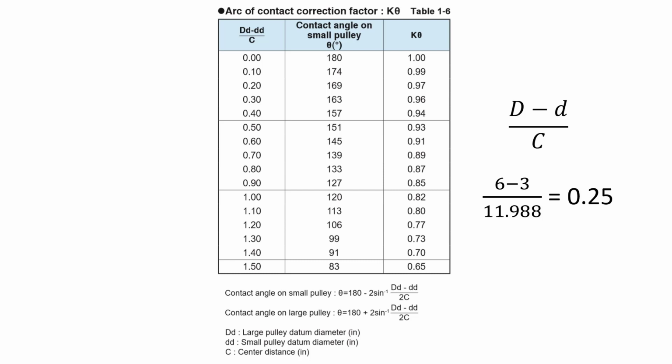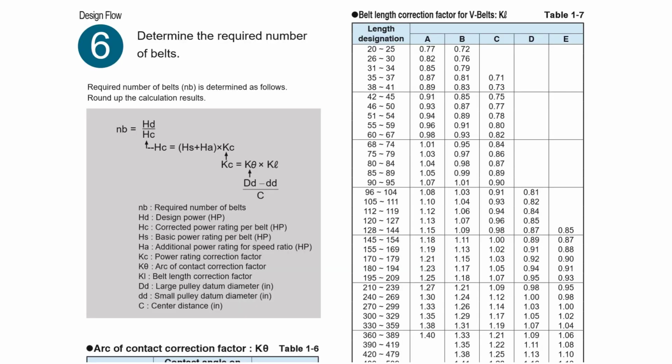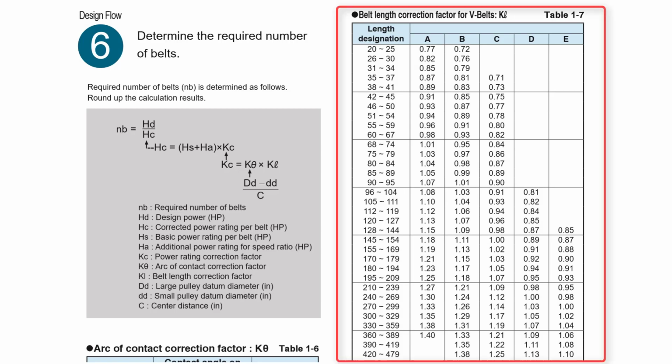Since the K theta value in this table is a factor, we don't have to use interpolation. So for a ratio of 0.25, the nearest K theta value that we got is 0.96. Next is to get the belt length correction factor KL. We can get KL from table 17 on page 4.